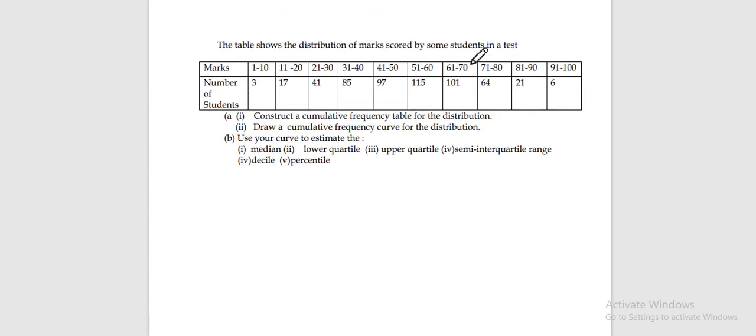That's marks, and the number of students, that's your frequency. We construct a cumulative frequency table for the distribution, draw a cumulative frequency curve for the distribution, and use the curve to estimate the median, lower quartile, upper quartile, semi-interquartile range, decile and percentile.